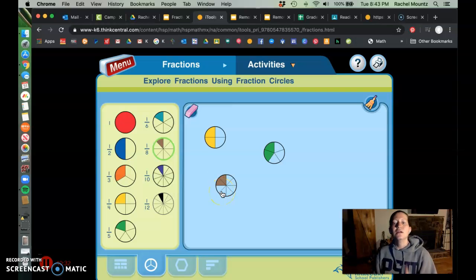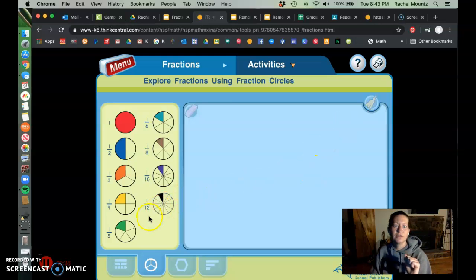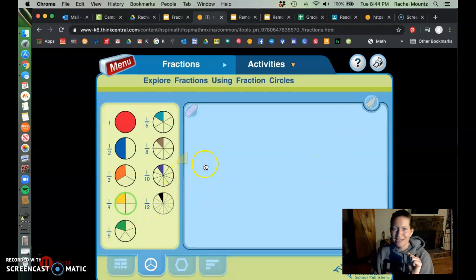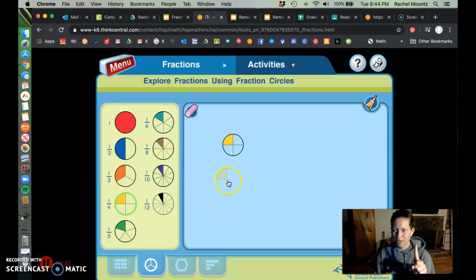Let me do one more thing with you here. Let's work with fourths. I like these bright yellow fourths. I have 1/4. I'm going to add another 1/4. What do I have now? 2/4. I'm going to pretend that you answered and hope you did. Good job. I'm going to add another 1/4.